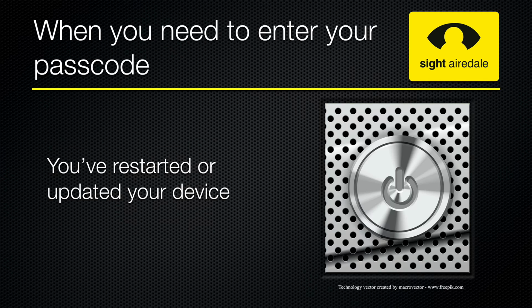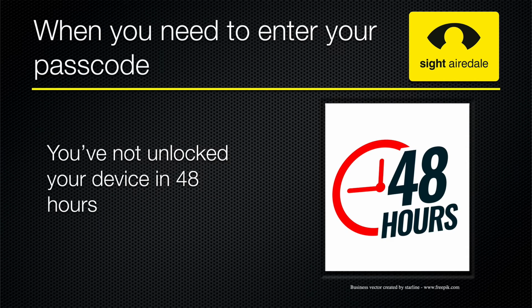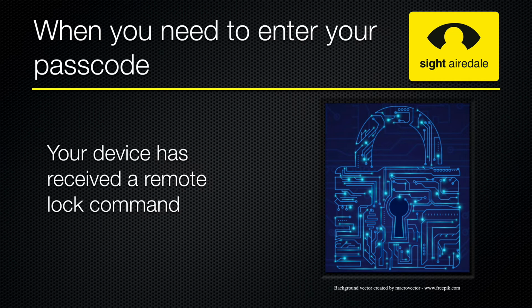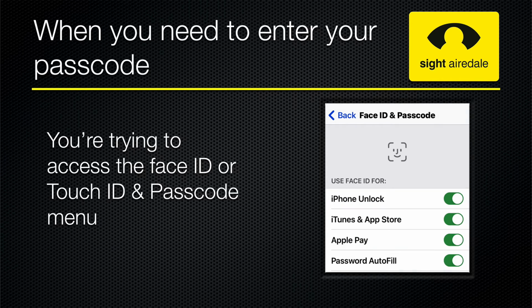These include when you've restarted or updated your device, Face ID or Touch ID has been unable to recognise you 3 times, you've not unlocked your device in 48 hours, you've not unlocked your device using the passcode for 6.5 days, your device has received a remote lock command, you have used the emergency SOS feature, or you're trying to access the Face ID or Touch ID and passcode menu.